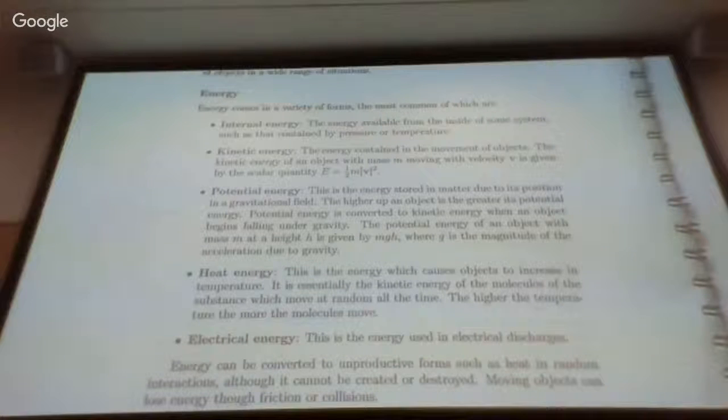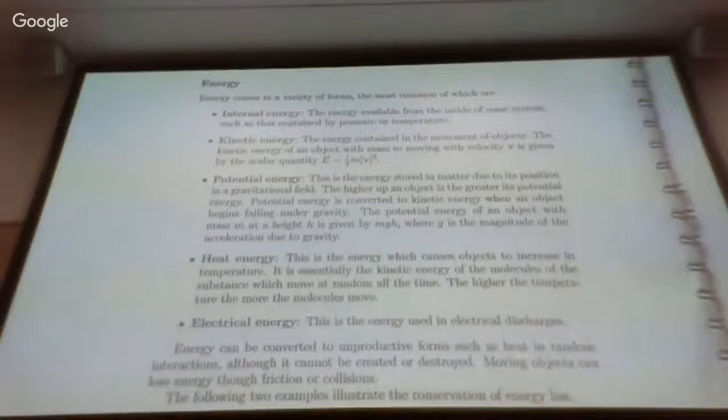There's potential energy as well. So this is the energy that's stored by an object due to its position in some kind of force field. Typically, for our kind of motion of objects under gravity, that's the position of the object in the gravitational field, so the height of the object above, say, some ground, or the height of the object relative to some reference level.